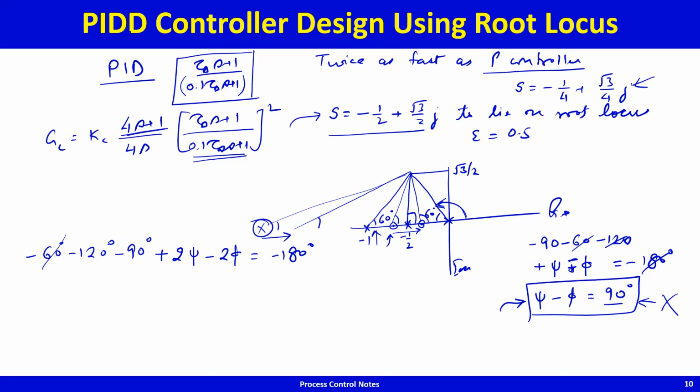And what this does is these cancel, and so what you get is psi minus phi should be equal to 45 degrees. And psi will be the angle of the zero, that is going to be tan inverse of square root 3 by 2 divided by 1 by tau d minus half.